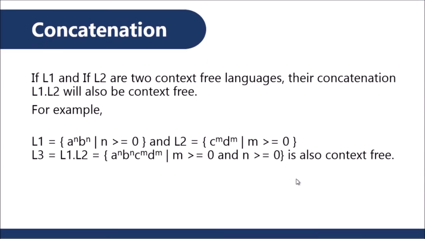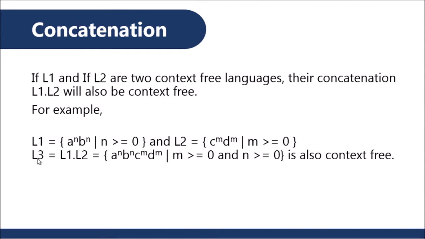Concatenation. If language 1 and language 2 are two context-free languages, their concatenation, language 1 dot language 2, will also be context-free. For example, language 1 is a^n b^n, where n is greater than or equal to 0, and language 2 is c^m d^m, where m is greater than or equal to 0.